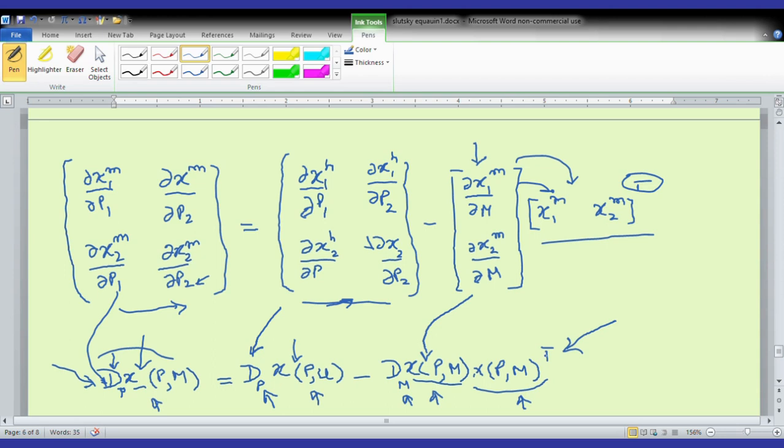Before we move further, I want to say something about this matrix on the right hand side, which is known as the substitution matrix, for the reason that it consists of all the substitution terms starting from the own substitution effects.